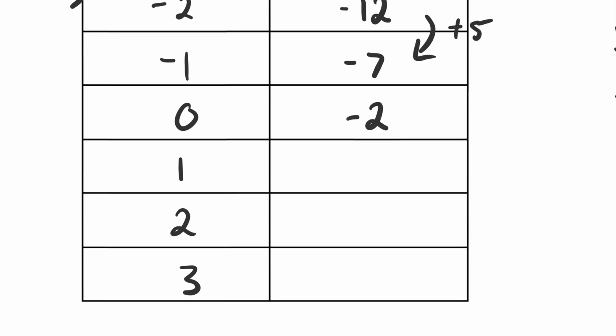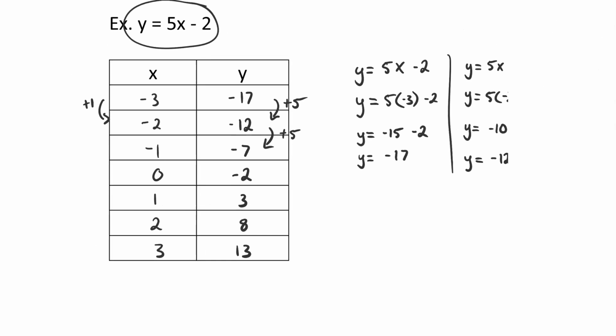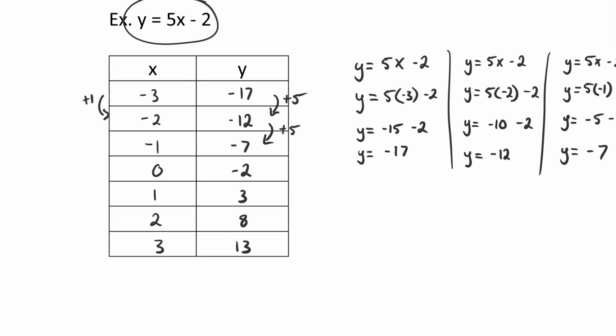Negative 2 plus 5 gives you 3. 3 plus 5 gives you 8. 8 plus 5 gives you 13. So now, because we found out that every time we change our x value by plus 1, our y value changes by plus 5, we are able to fill in the rest of the table.